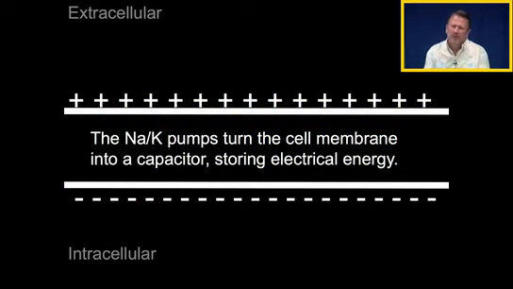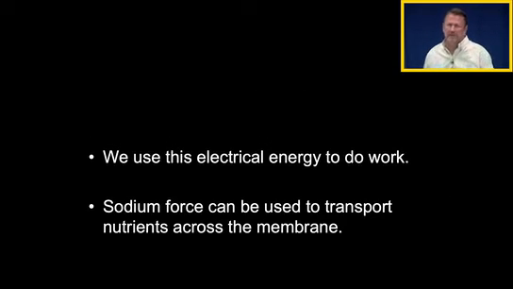For those of you who know anything about physics, the sodium-potassium pump is turning ATP into a capacitor, essentially a battery. And so every point of the membrane can utilize that battery without waiting for ATP or needing ATP for energy. That's what's very interesting about the sodium-potassium pump.